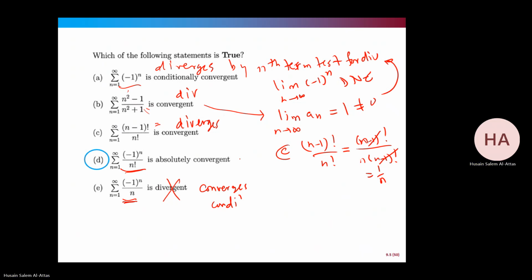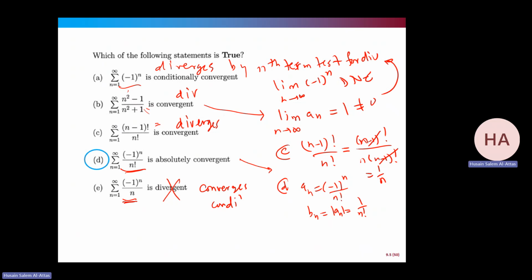So if you look at this one, to show that this one converges, we take a_n, then b_n. I want to show this one converges. How to show this converges?